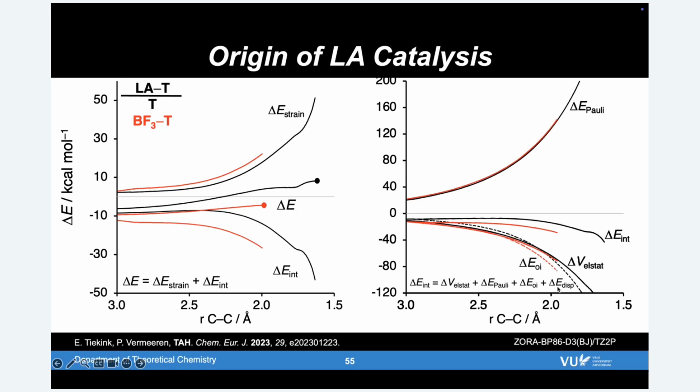But it was really the orbital interactions which were more stabilizing for the catalyzed reaction. The red curve here is really below the black curve, so that's going to be really important. And this is the dispersion energy curves. You see they're relatively flat, and the differences are minimal.